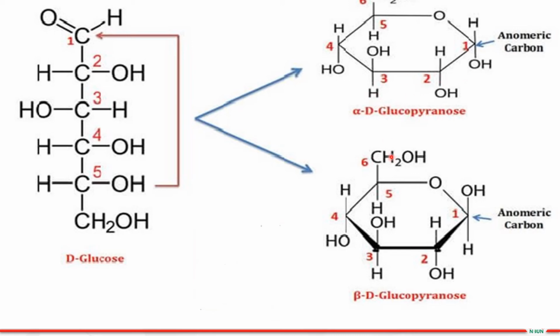So we have this alpha D glucose and beta D glucose, which are now isomers known as anomers, because they have this anomeric carbon, the carbon that has two oxygen atoms attached to it.